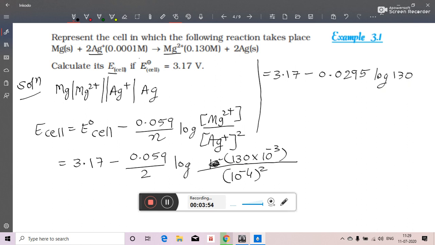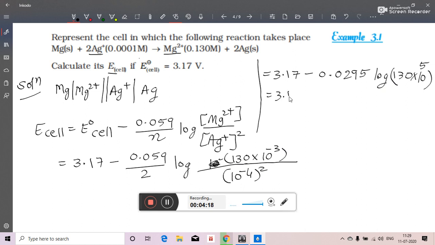Now 10 raised to minus 4 into 2 is 10 raised to minus 8. When it goes in the numerator, it becomes 10 raised to plus 8. 10 raised to plus 8 times 10 raised to minus 3 is 10 raised to plus 5. So 130 into 10 raised to plus 5.